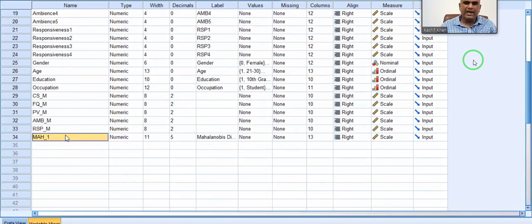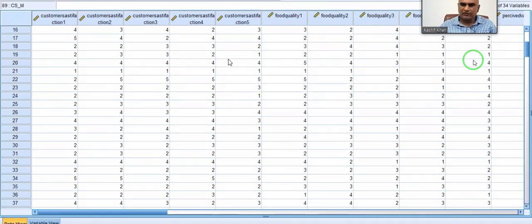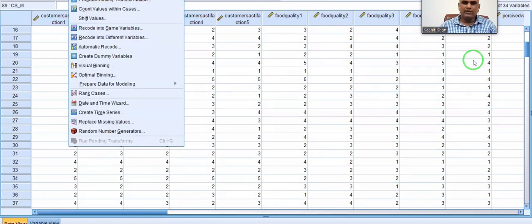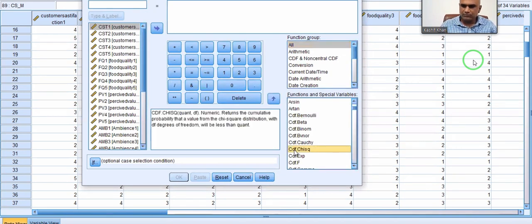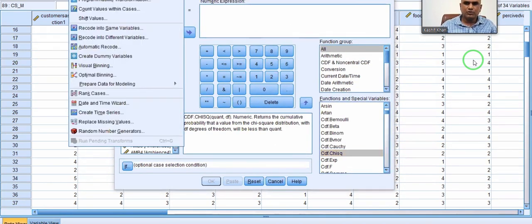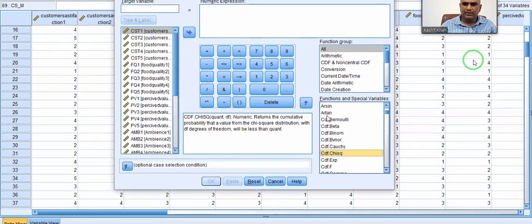Let's take a look. We have MAH_1, this is the Mahalanobis score. However, in order to check whether this score tells us that a specific row of data is what we call an outlier, we need to do a couple of further tests. So we will use chi-square values. I went here, transform, compute variable, and then I went to all, and I'm selecting CDF.